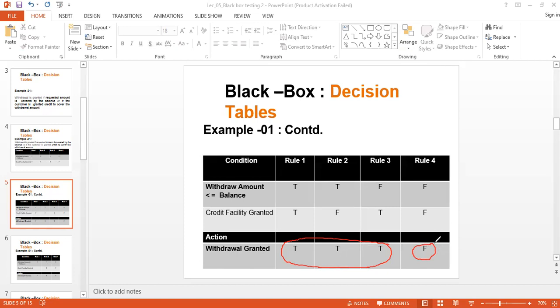For the withdrawal condition I have two cases, true and false. Again for credit facility granted I have true and false also. Then I have a chance to combine sets of rules together. I will show you how you do it.